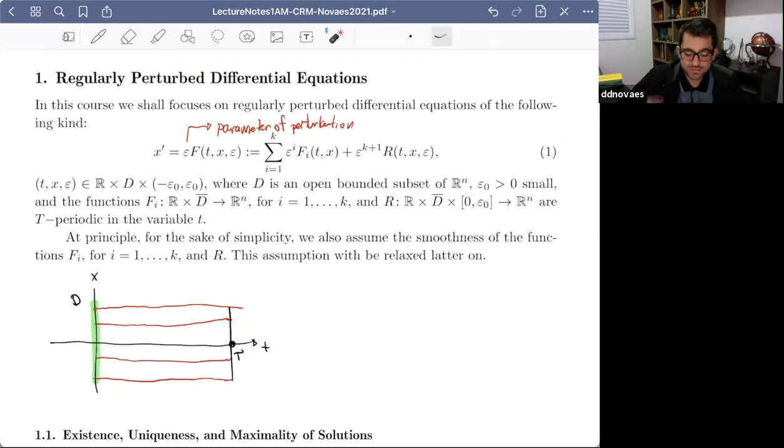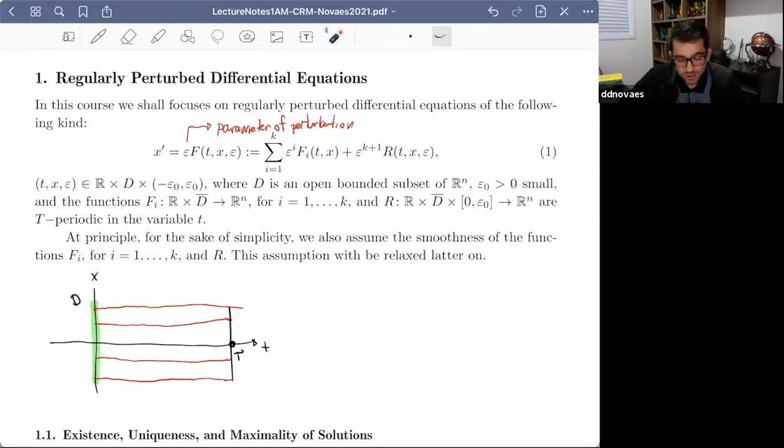The main goal of this course is to explore conditions on the perturbation in order that some of these periodic solutions persist as periodic solutions when epsilon is distinct from 0 but small. For the unperturbed system all the solutions are periodic.